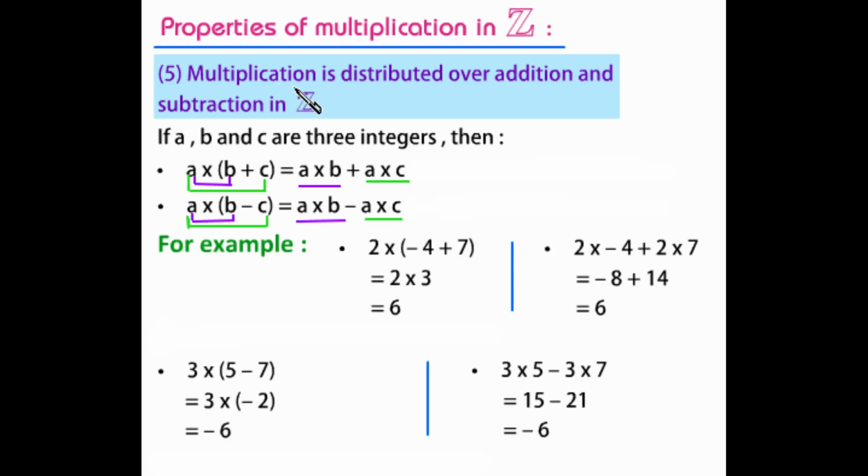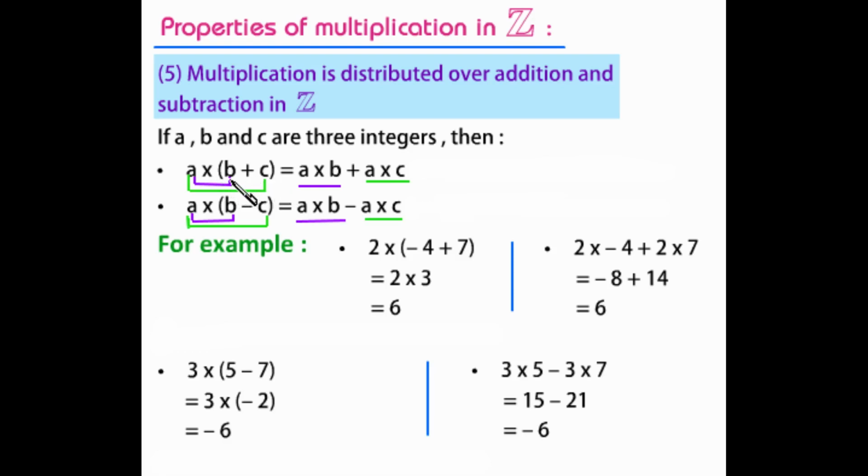5. Multiplication is distributive over addition and subtraction in Z. If A, B and C are three integers, then A times (B plus C).